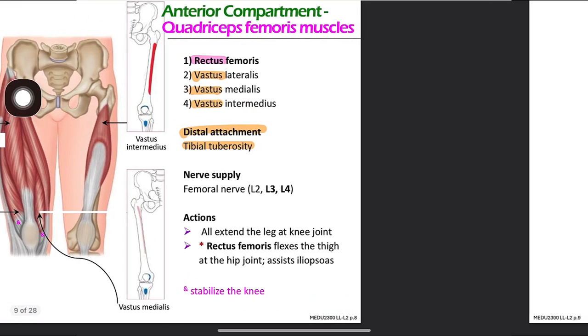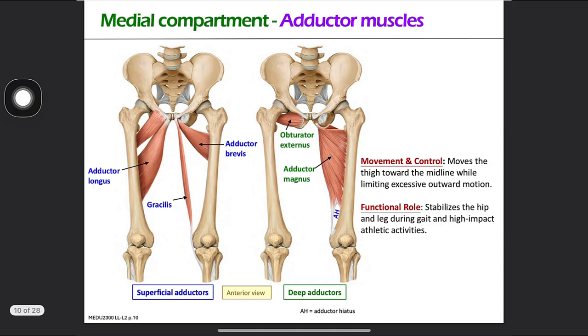Okay. Then let's talk about the medial compartment. The medial compartment muscles are all adductors. The simple function is that they pull the thigh toward the midline. They can also help to stabilize the hip and the lower limbs during walking and sport. You want to get your lower limbs close to the midline so that we can withstand the pressure and also distribute the force, right?